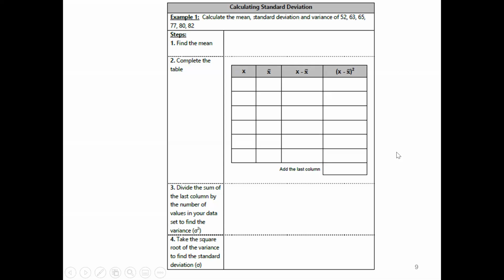So here we have test scores of six different students. Okay, so we're going to find the standard deviation of this.